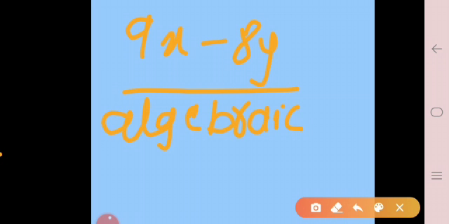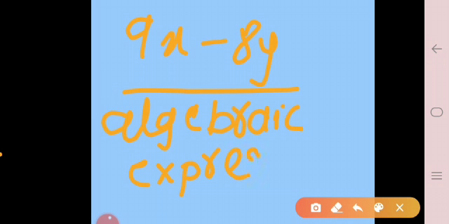Algebra begins with the simplest unit, that is term. Term is made up of two things. One is the coefficient, that is the number, and the other thing is the alphabet, that is the variable. When I join different terms together with the help of plus, minus, multiplication and division, I get algebraic expression.